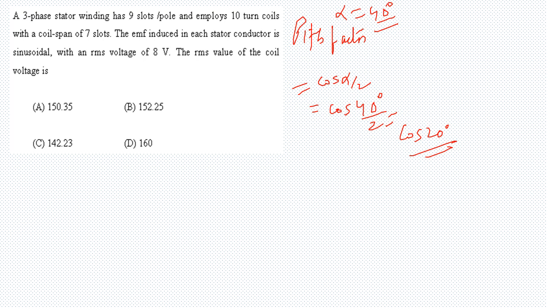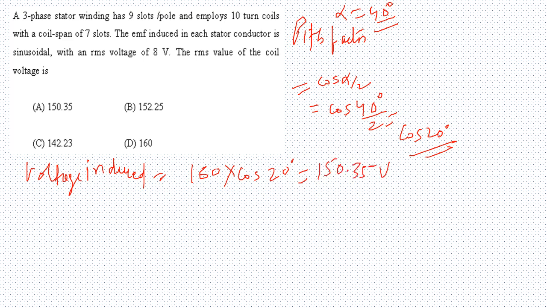Now the voltage induced will be the voltage that we calculated for the full pitch coil, which was 160 volts, into this factor, cos 20 degrees, and if you calculate this it comes out to be 150.35 volts. It matches with option A, so A is the correct option. So this is how you need to solve this problem. Thanks for watching.